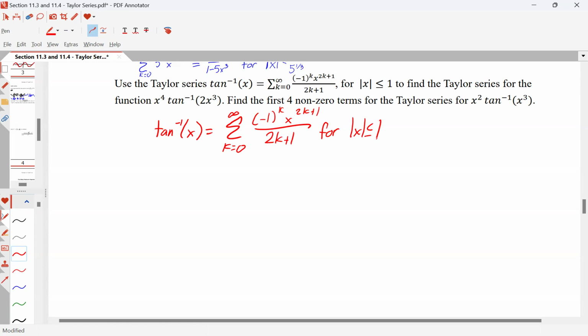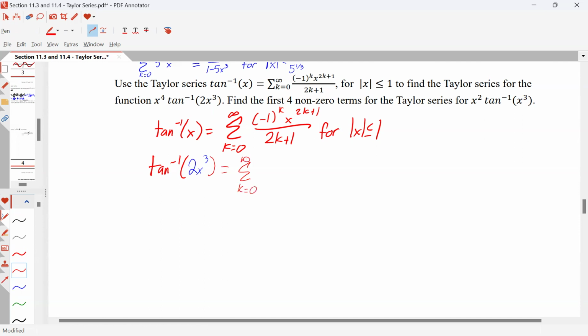So what we can do is make this tangent inverse x look like x to the fourth tangent inverse 2x cubed. The first thing I'm going to do is take that 2x cubed and plug that in. So everywhere I see an x, I'm going to put a 2x cubed.